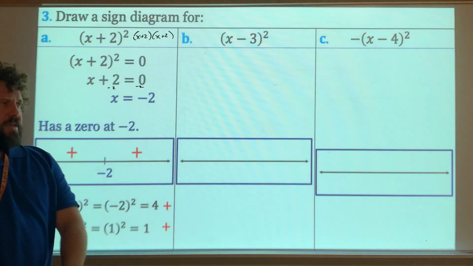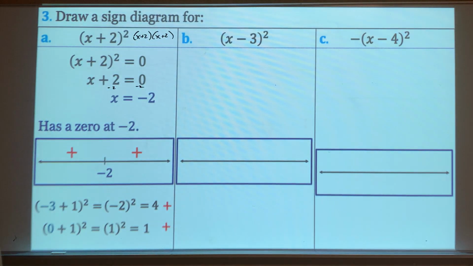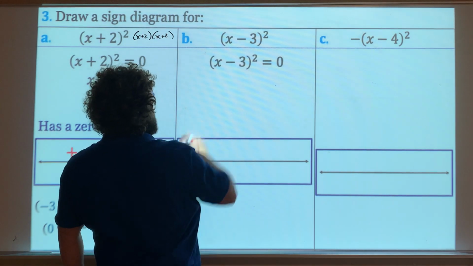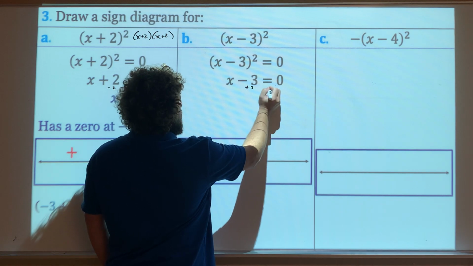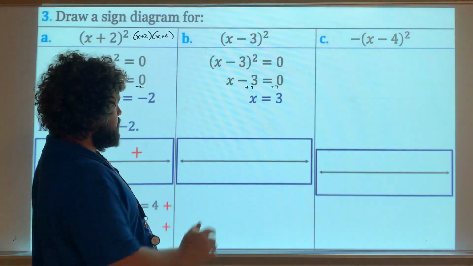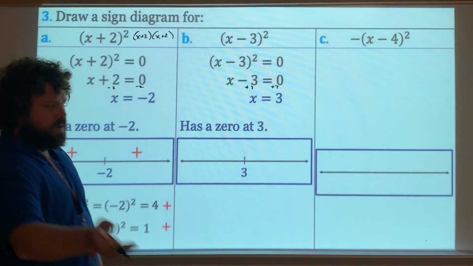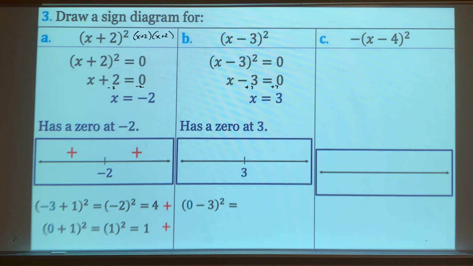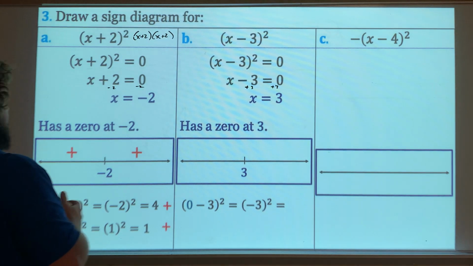x minus 3 squared. Go. Done. x minus 3, set it equal to 0. Add 3 to both sides. x equals 3. 3 is your middle number. Pick a number less than 3. A number less than 3 is 0. 0 minus 3, negative 3.